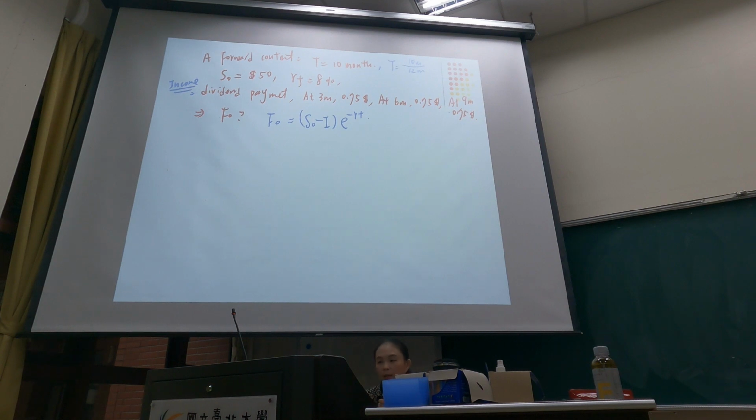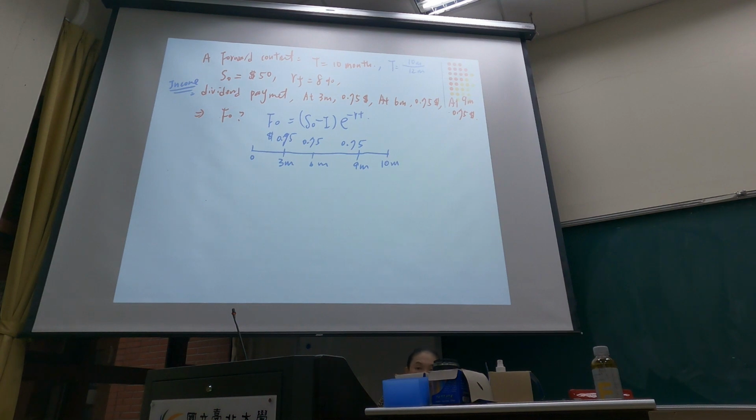Secondly, you have 3 dividend payments in different periods, right? If we draw a timeline, the life of this contract is 10 months. Then 3 months, 6 months, 9 months. At each of these, the investor will receive $0.75 dividend.